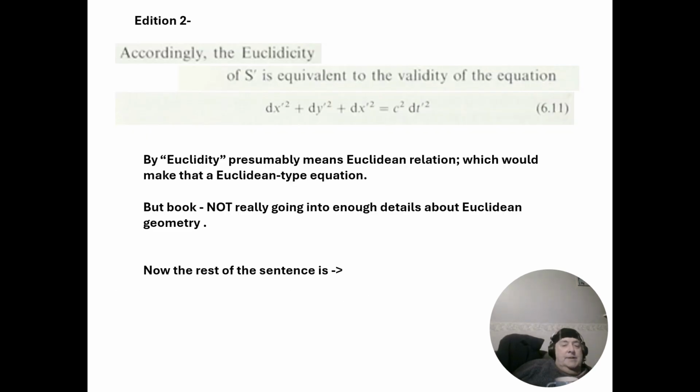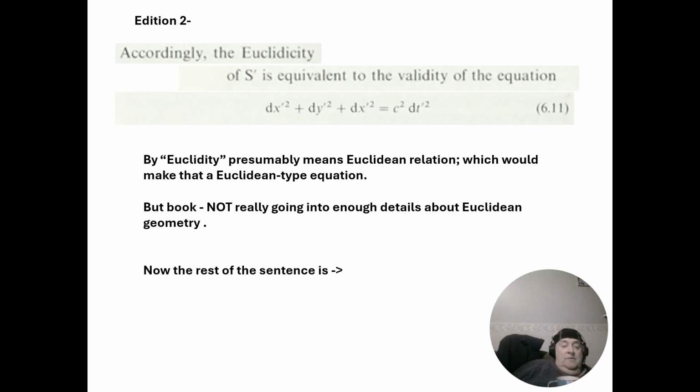So the book says, accordingly, the Euclidity of S prime is equivalent to the validity of this following equation 6.11. And by Euclidity presumably means Euclidean relation, which would make that a Euclidean type equation.